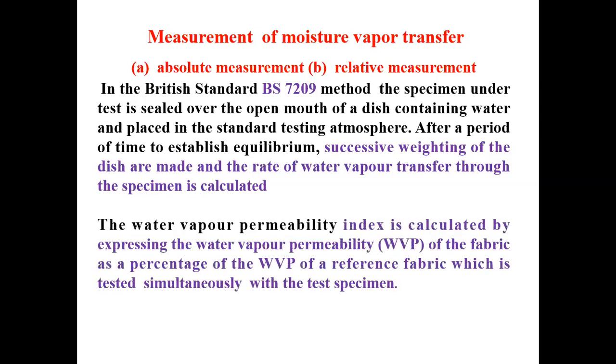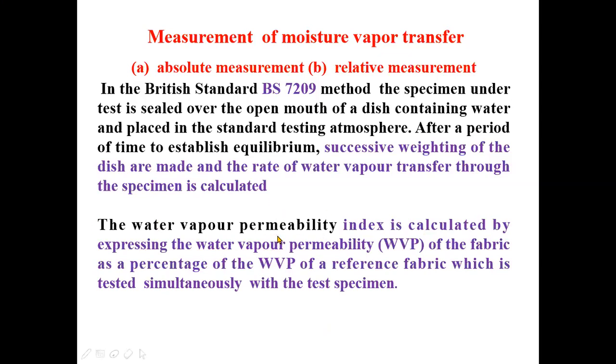Now next is the relative measurement. The relative measurement is basically the calculation of the water vapor permeability index that I have told you just before this slide. And this index is calculated by expressing the water vapor permeability of the fabric as a percentage of the water vapor permeability of the reference fabric, which is tested simultaneously with the test specimen. That means in this case, that is a relative measurement.